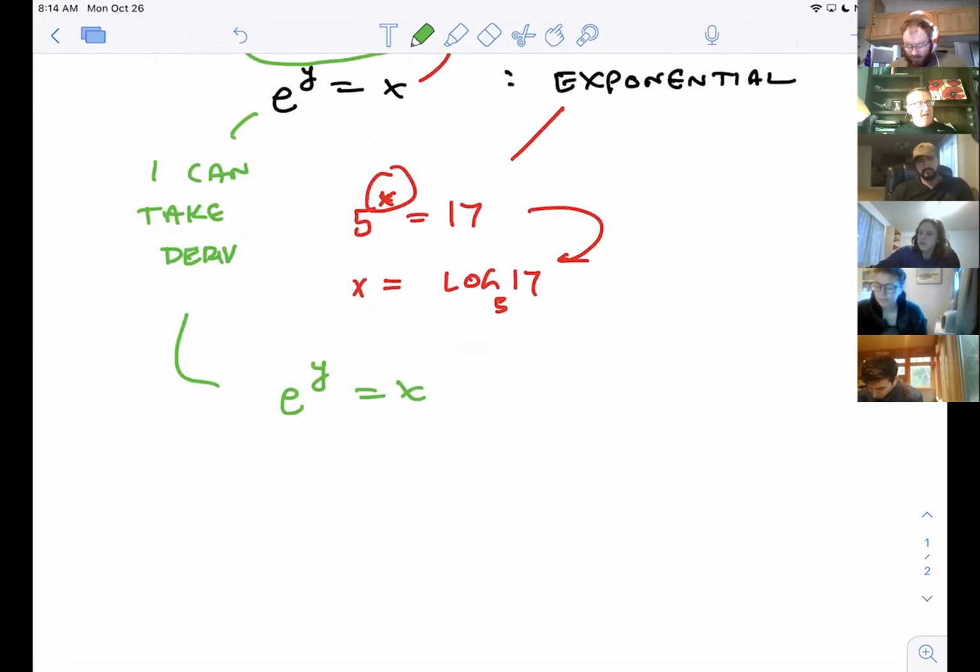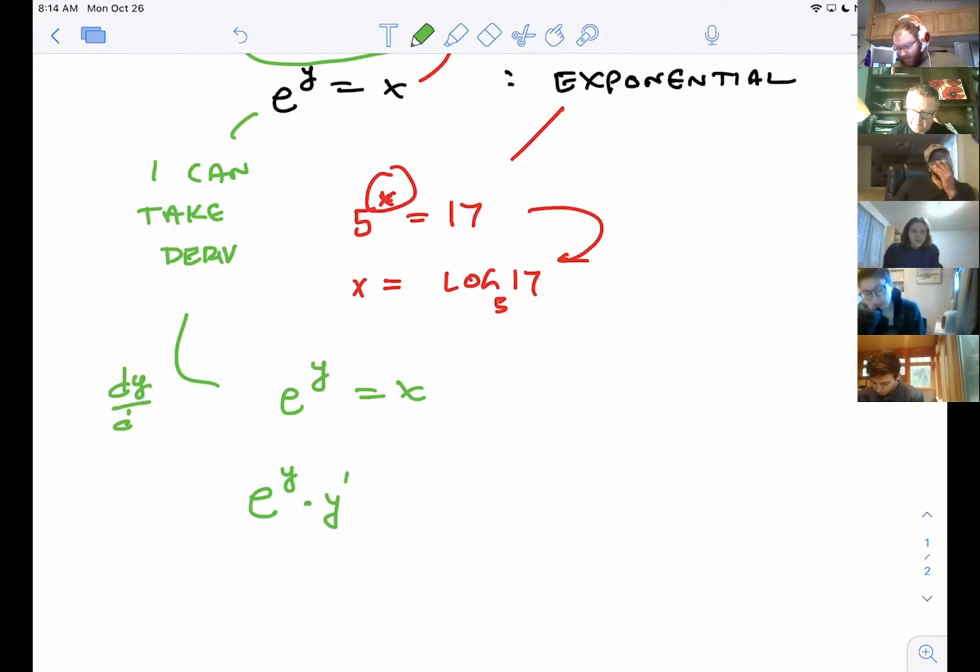Well, we said the derivative of e to the junk was e to the junk. But since that y is junk, chain rule says times the derivative of the junk. There's the derivative of the left side. Again, what we're doing is taking the derivative with respect to x. That's why the derivative of y is y prime.